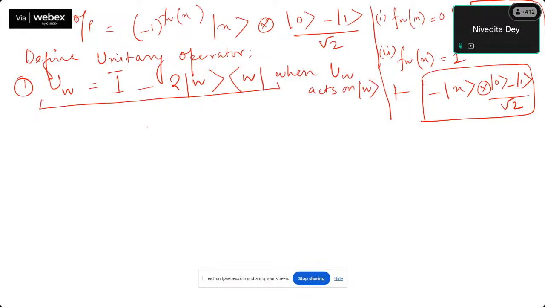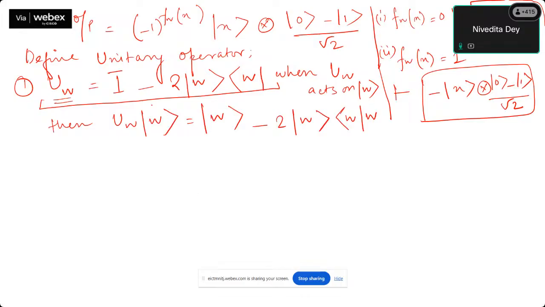If it is applied, then U_W on |W> is this operator working on the marked state W. That is (I minus 2|W><W|) times |W>, which is |W> minus 2|W> times <W|W>.